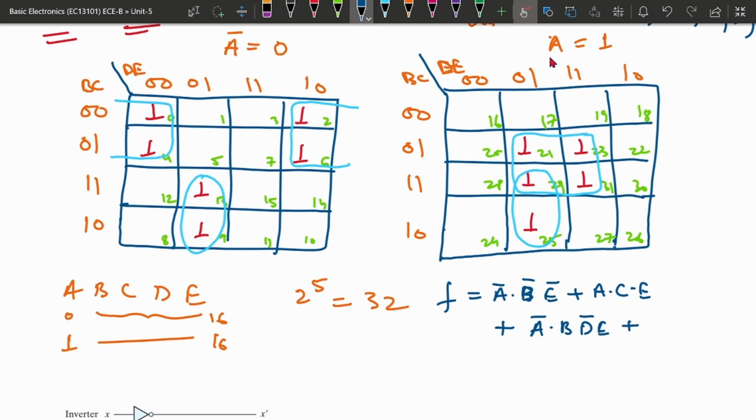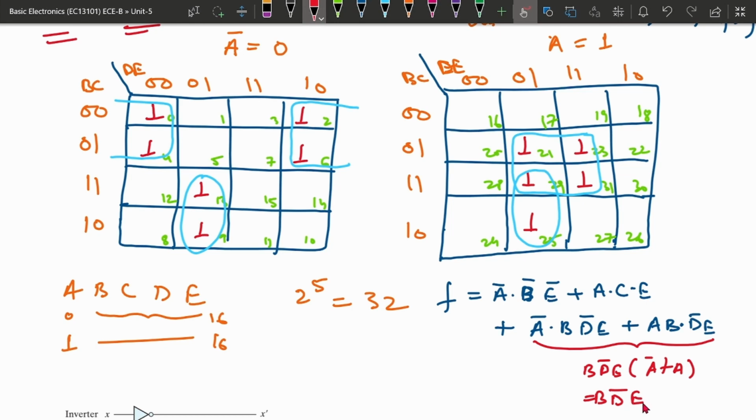Next one is, we can consider this one. For this one, it is A. In between these two common is B into, in between these two it is only D bar E. So just consider these two terms. In between these two terms we can see B D bar E is common, then it will be A bar plus A. So A bar plus A will be 1, so it will result in B D bar into E. That means this and this are going to make a quad.